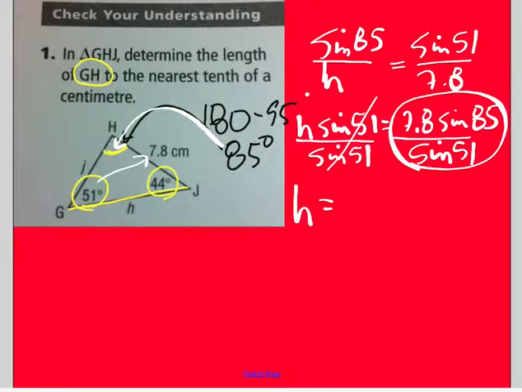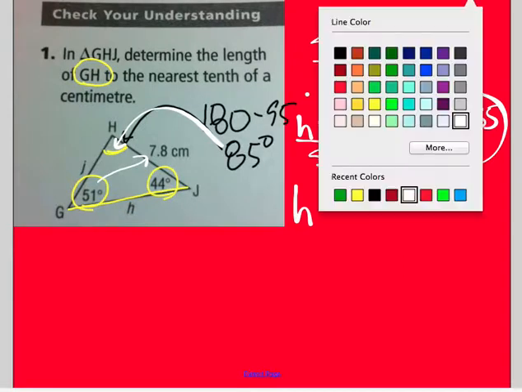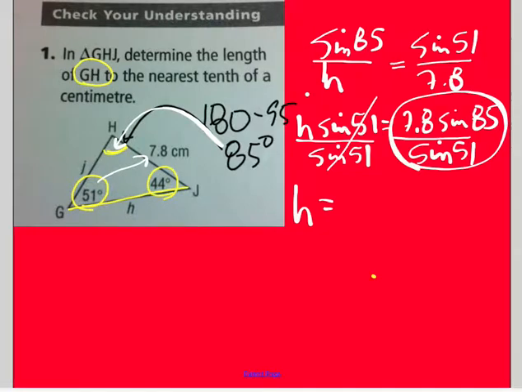If you've got a graphing calculator, a display calculator, you just stick it right in as is. If you've got one that doesn't display the work, what you need to do is figure out the sine of 85, multiply that by 7.8, get an answer, take your answer and divide it by the sine of 51, in that order. And if you do that, you'll get an answer of 7.0.